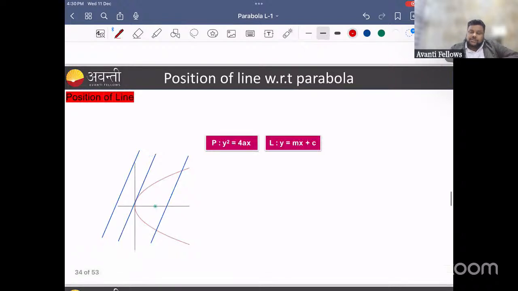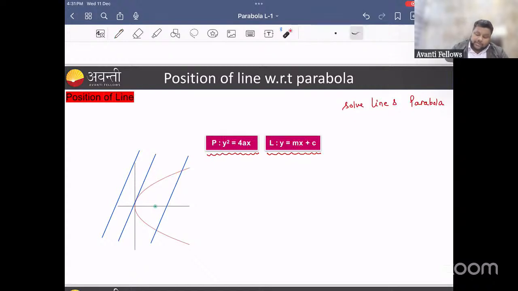Now, position of a line with respect to a parabola. Now see, this is a parabola given to you, y square equal to 4ax. This is a line given to you, y equals to mx plus c. So, if I solve them, line and parabola, see what exactly could have happened.